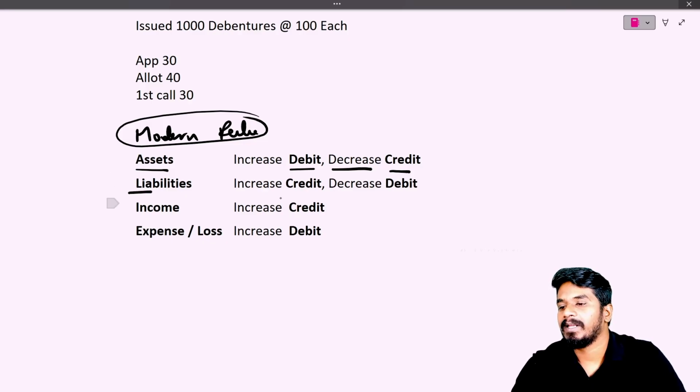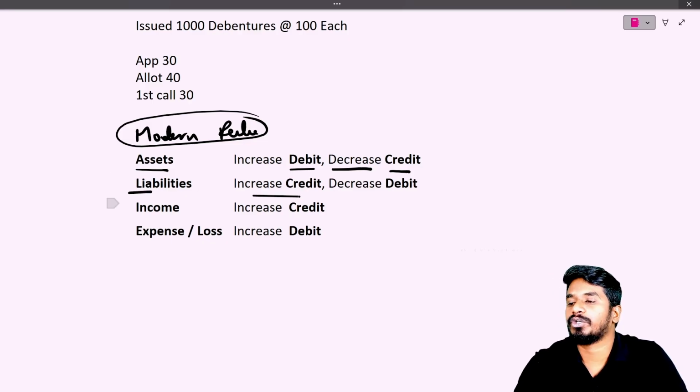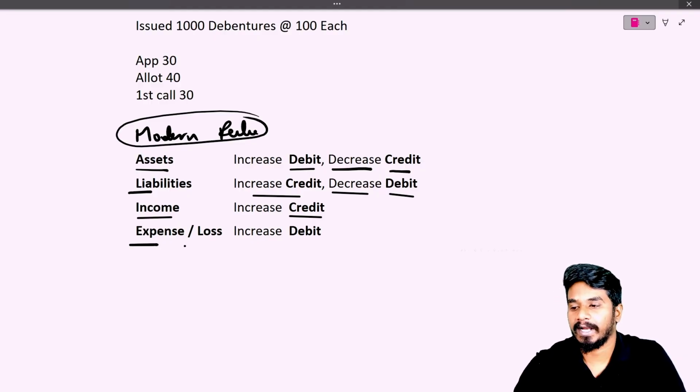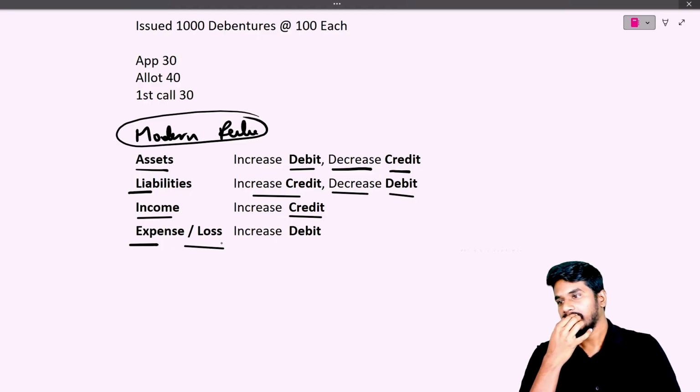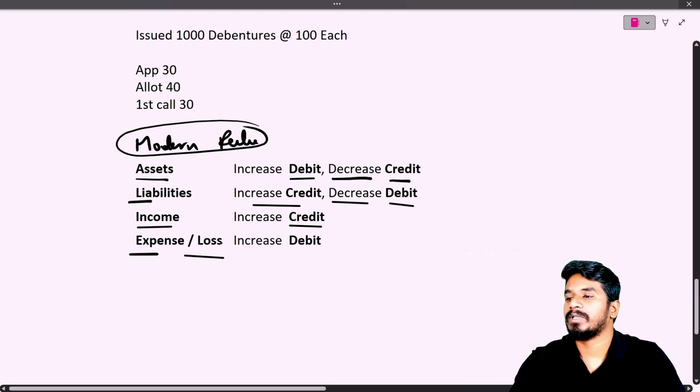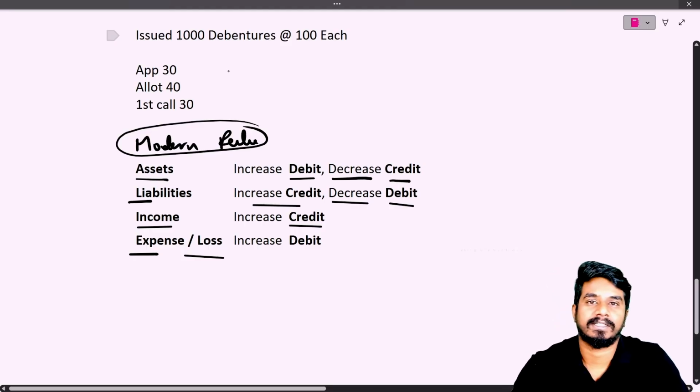Liability is opposite to assets: if it increases, we will credit it, and if it decreases, we will debit it. If income increases, we will credit. If expenses and losses increase, we will debit.